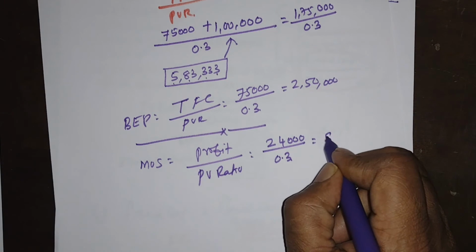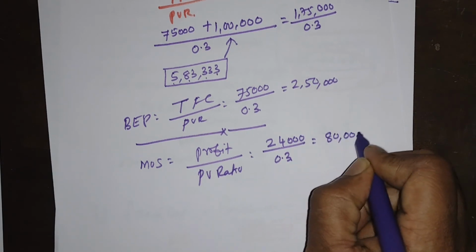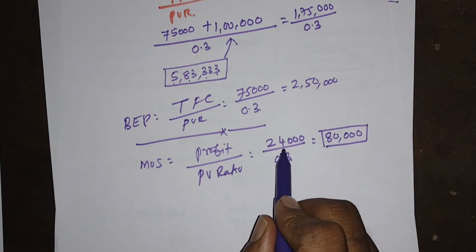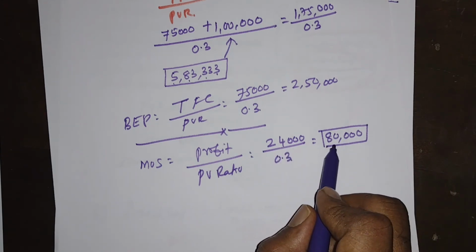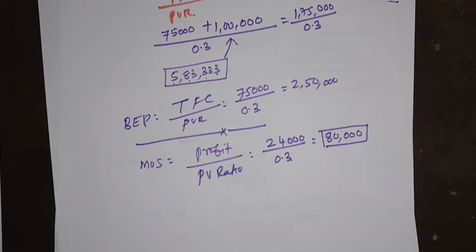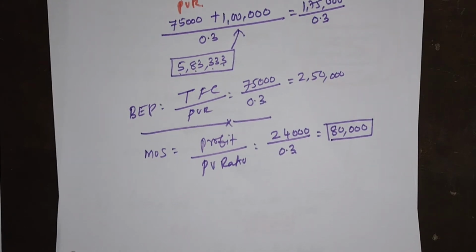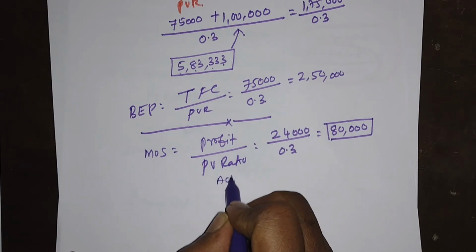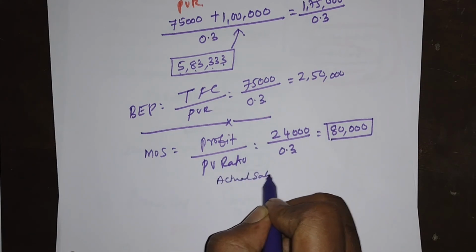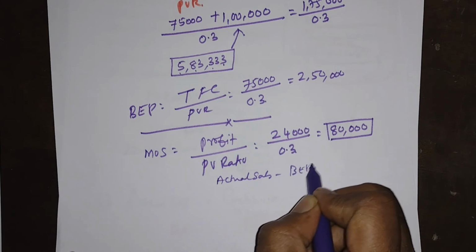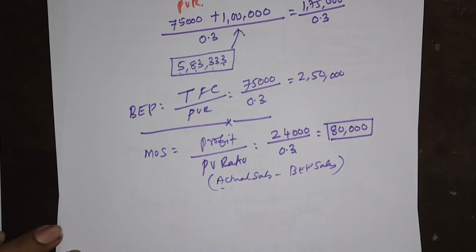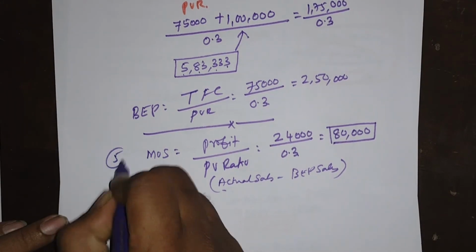So you get 80,000. So if I want a profit of 24,000, my margin of safety is 80,000. What is margin of safety? The margin of safety is actual sales minus the BEP sales. So the fifth one is also over.